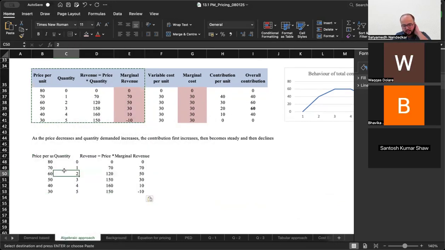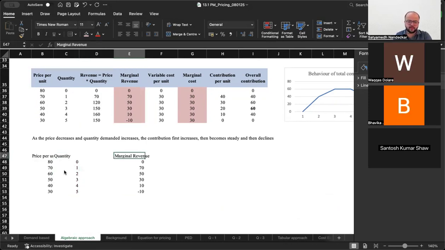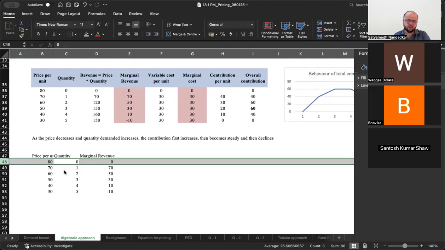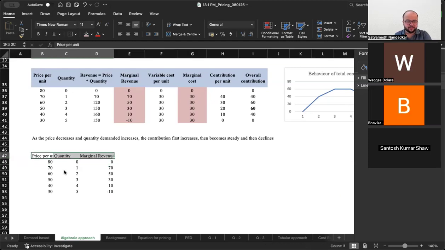I want you to study the relationship between these. Price, I don't want total revenue. I am only interested in marginal revenue. ठीक है? And I'll eliminate this for now, or we can keep it also. That's also fine.